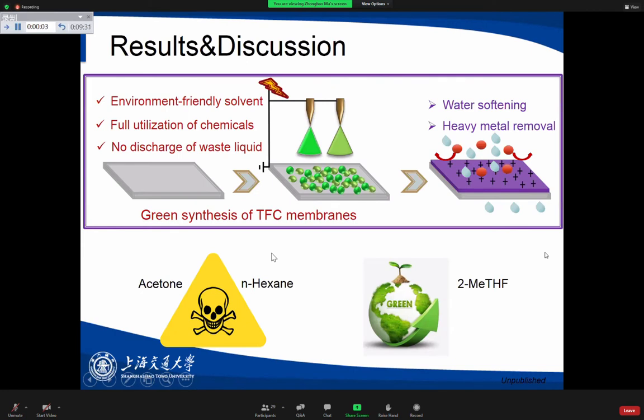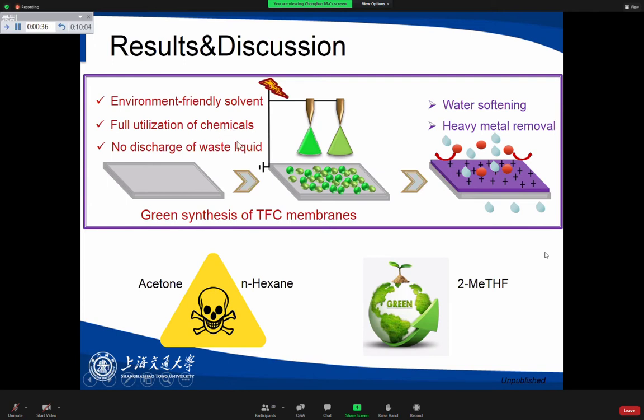Next slide. The harmful solvent was replaced by a green 2-methyl solvent. The TMC was dissolved in this green solvent and reacted with our polyamine to form a positively charged PA membrane.